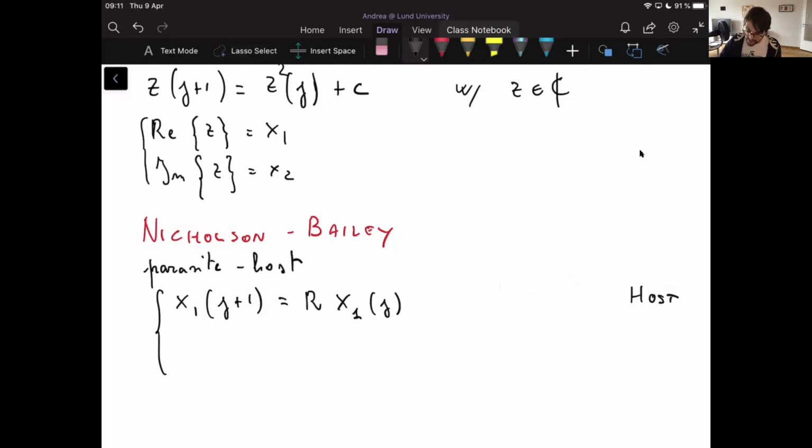And then you have to add the probability of not being infected. So e to the power of minus a, the number of hosts one parasite can occupy, or the number of parasites a host can occupy, depending if a is greater or smaller than 1. And then you have x2, which is the population of the parasites.